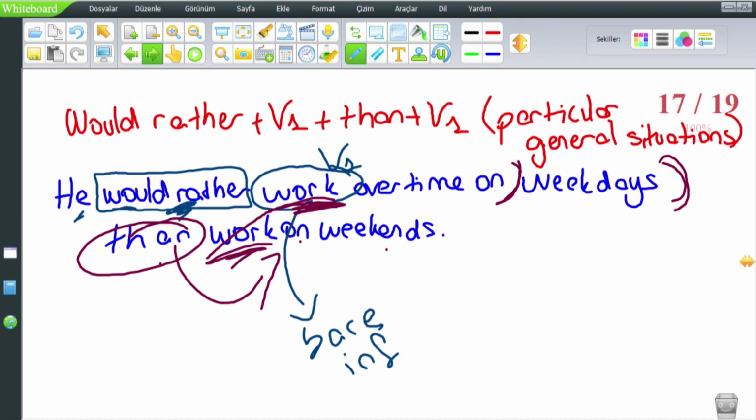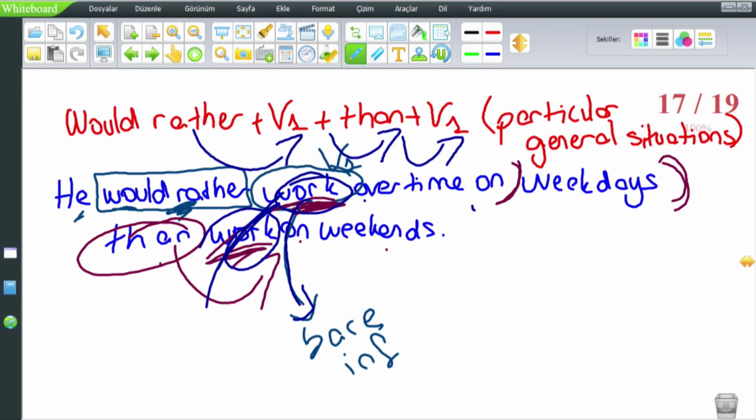And then, when we want to choose from two options using would rather, after would rather we use verb 1, bare infinitive, then again bare infinitive, which is verb 1. We can express both particular and general situations. He would rather work overtime on weekdays than work on weekends. It can be his general preference or for now. It can be both. And our action is again the same.